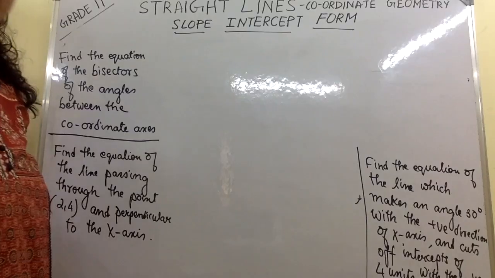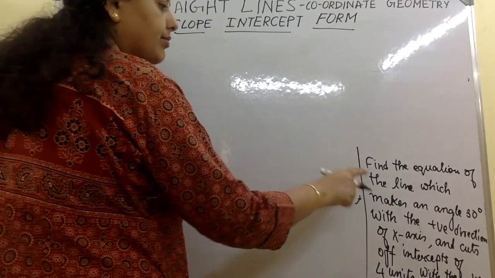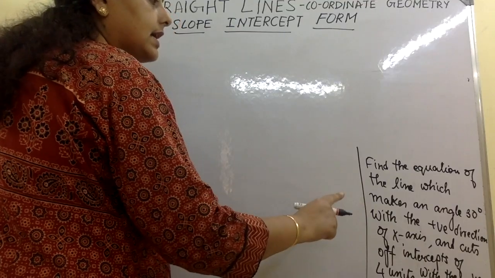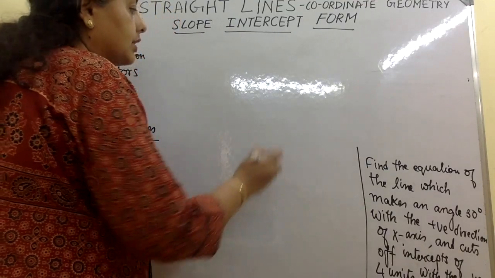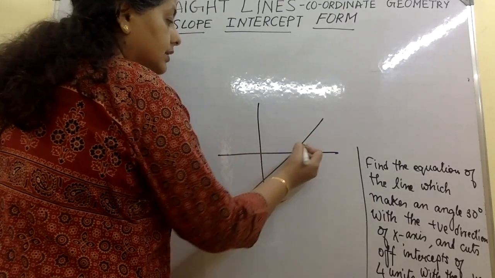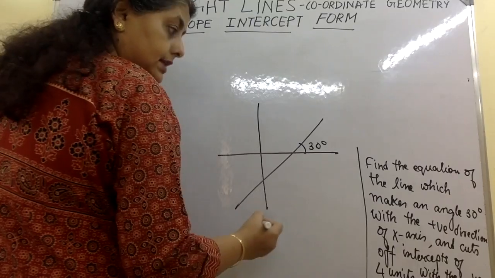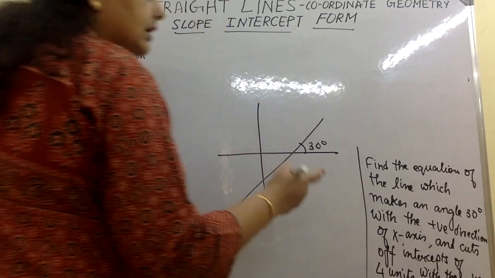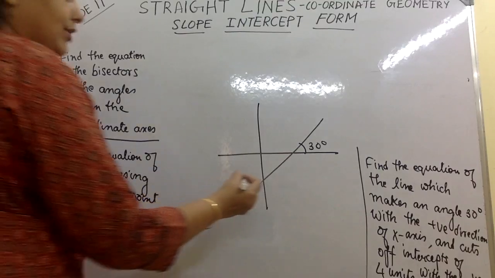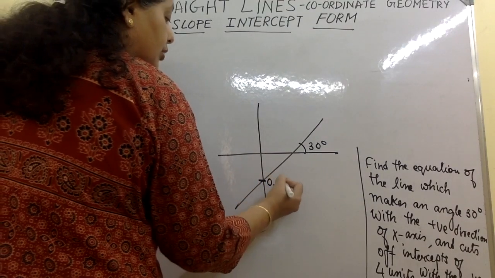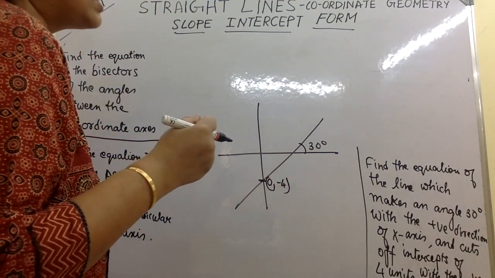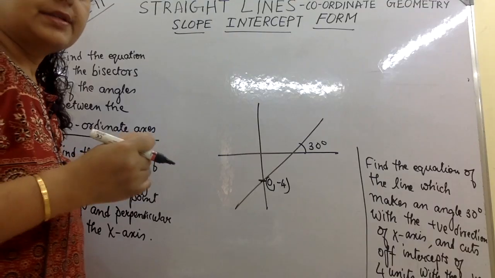Now let's see the next sum. Find the equation of the line which makes an angle of 30 degrees with the positive direction of the x-axis and cuts off an intercept of 4 units with the negative direction of y, that means (0, -4).